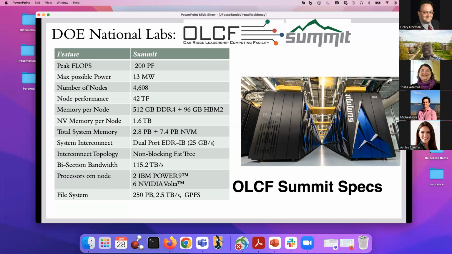Just as you have for the XSEDE allocation, the Department of Energy systems that I touched on have startup allocations, usually described as director's discretionary allocation. They'll give you a startup, and the focus usually will be a lot on the application that you're using, its performance, how well it does on the system, and they will sometimes have recommended applications that you can use. That startup is for you to prepare for a larger request.